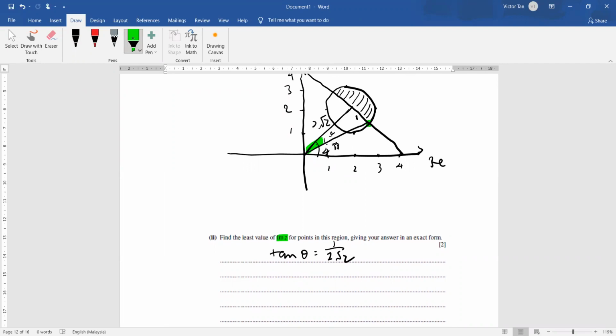So if you look here, the least value. So you want this here. This is the imaginary value.